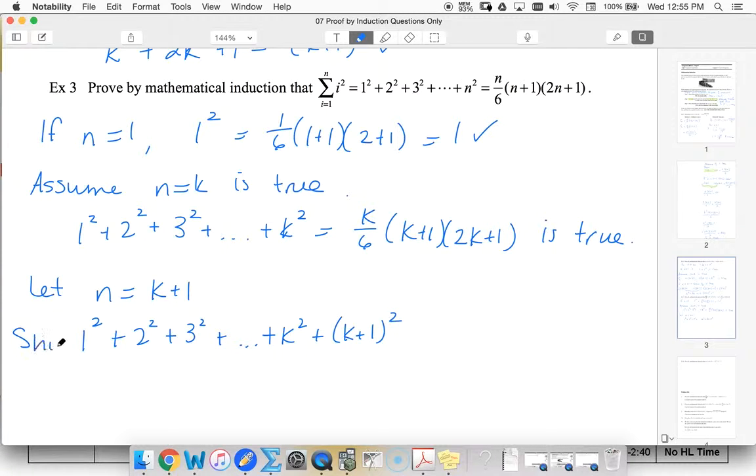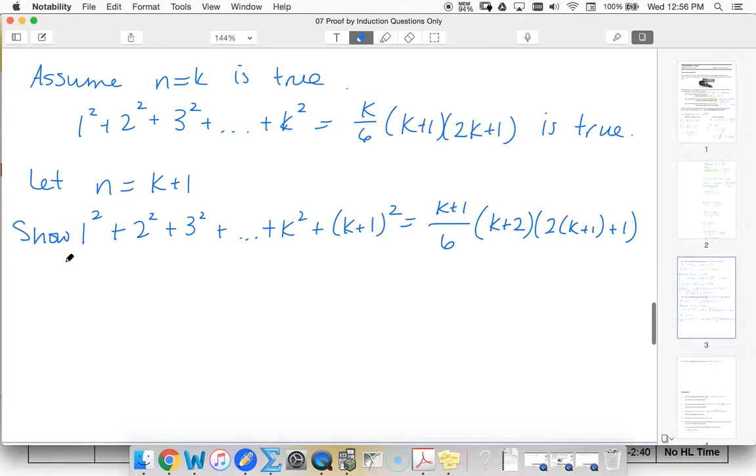We want to show that that is equal to k plus 1 over 6 times k plus 1 plus 1, which is k plus 2, times 2 times k plus 1 plus 1. So we want to work with this and hope that it ends up looking like this.